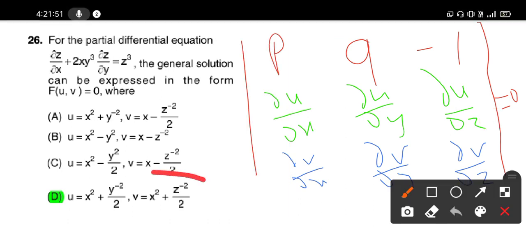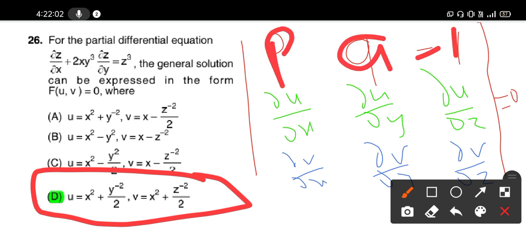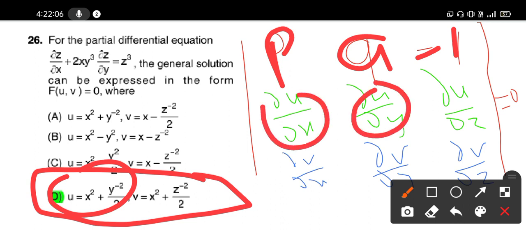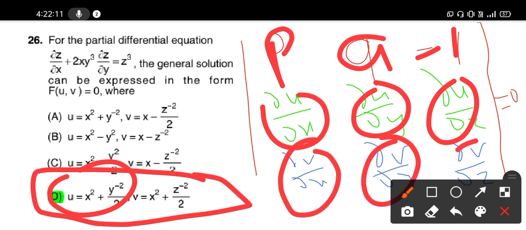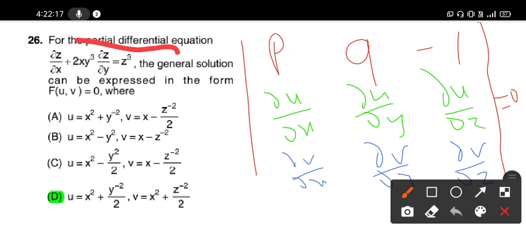Let us suppose I select option D, U and V, and this is a formula to find P, Q and minus 1, and find dou v by dou x. Put in dou v by dou x, dou v by dou y, dou v by dou z, and find the determinant equal to 0. Finally we get this equation. So option D is correct.